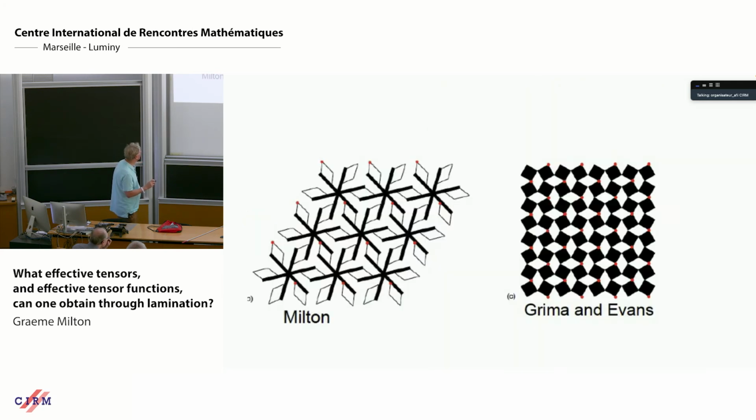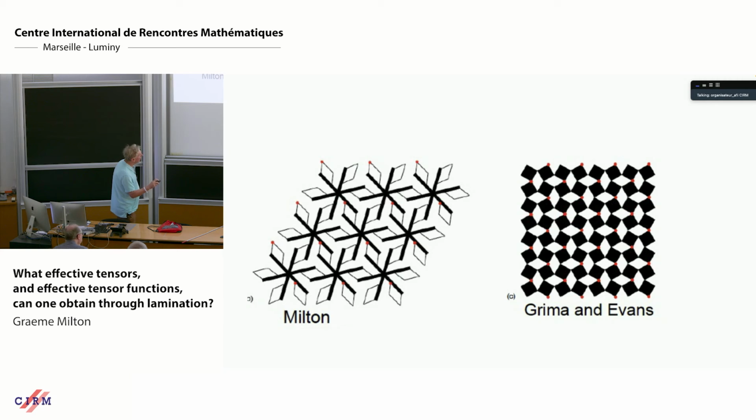And then I found this more concrete example. These are parallelograms. This is a rigid material. The only easy deformation of this is a dilational one. And there's this other structure of Graeme and Evans, which is also closely related to one of Ole Sigmund, that has these rotating squares.